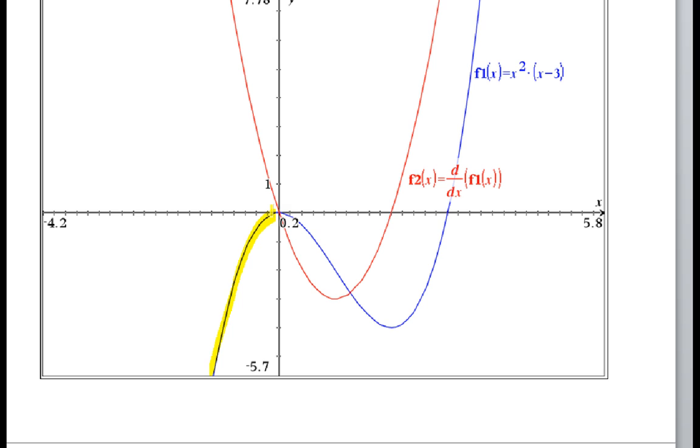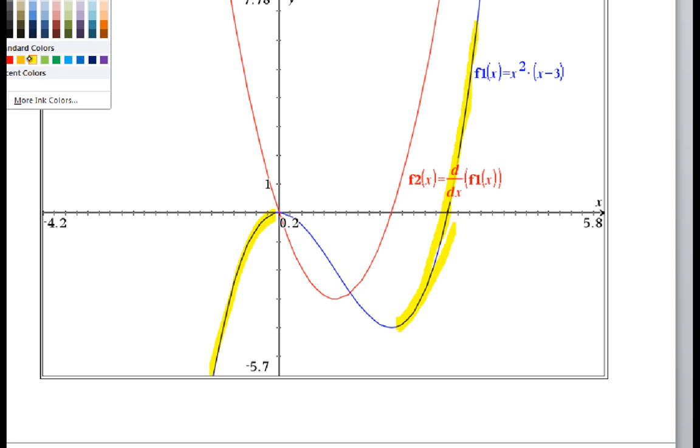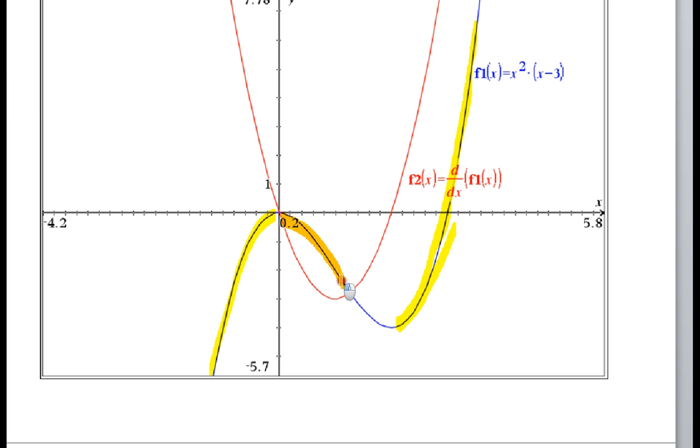For this entire portion that is increasing, again the red portion lies above the x-axis. Do you follow what I'm saying? For this entire section where it's decreasing, the red portion lies below the x-axis.